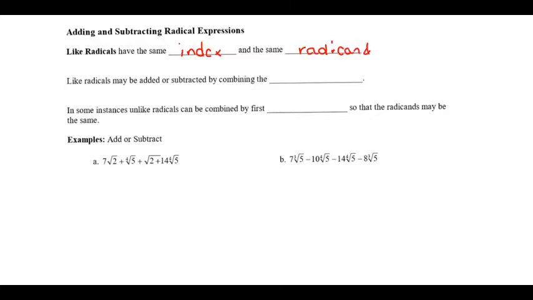Your like radicals may be added or subtracted by combining, again, like terms. And in some instances, if you have unlike radicals, you can combine them by first factoring the radicals so that they are the same. So again, simplifying those radicals.